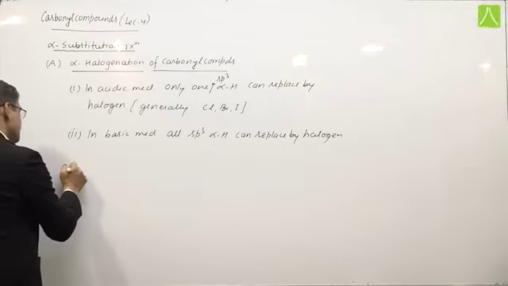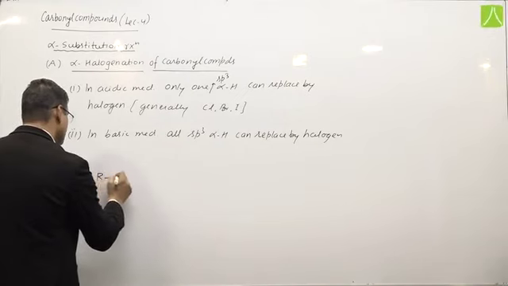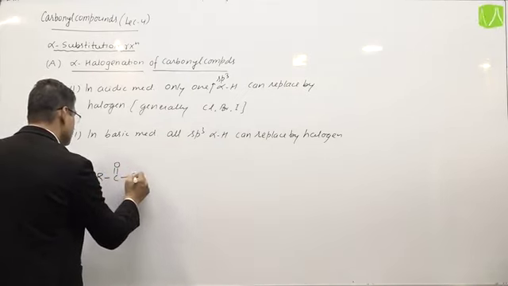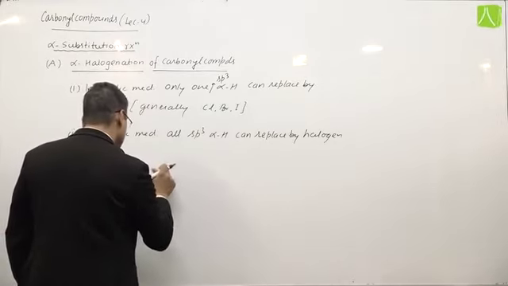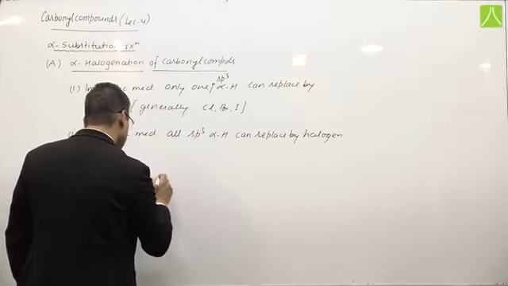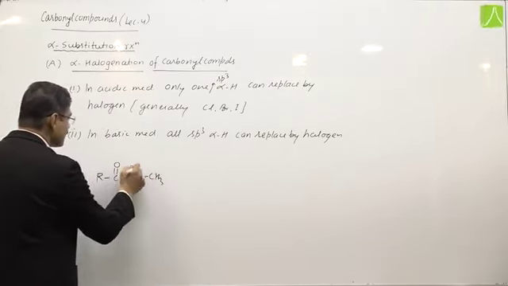So the example is like this. Suppose I take RCO CH2 CH3. This is the alpha carbon.